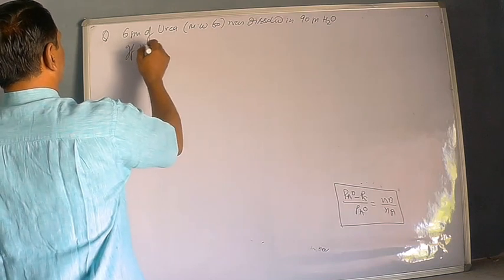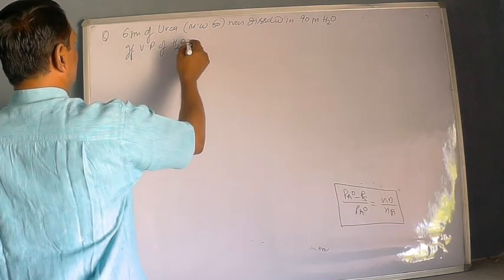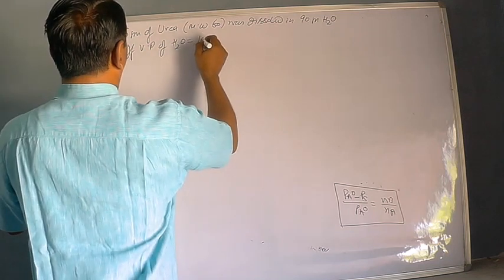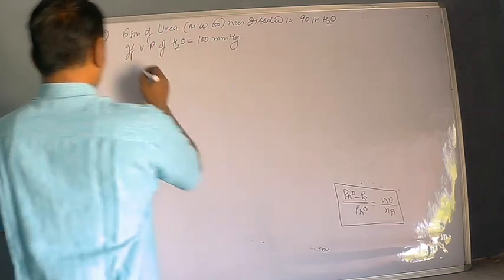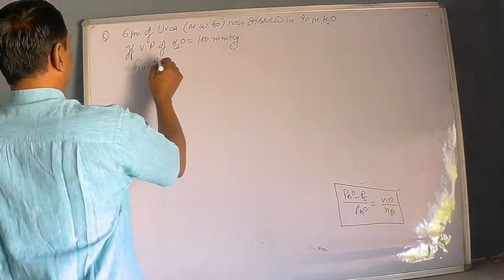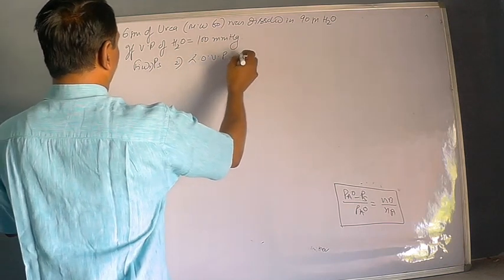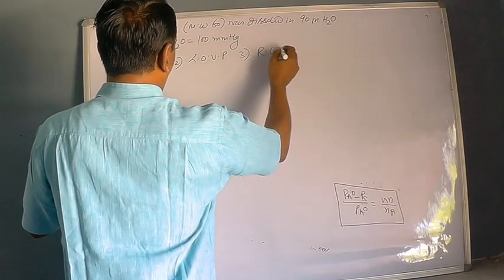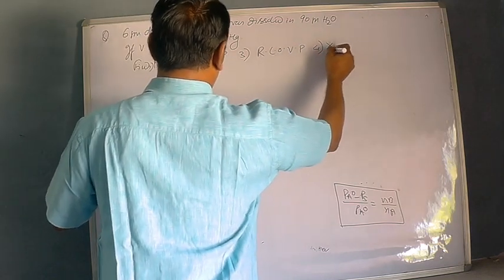If the vapor pressure of water, again I am giving the value on my own, don't quote it, was found to be 100 mmHg. Find, number 1, PS; number 2, LOVP, lowering of vapor pressure; number 3, relative lowering of vapor pressure, RLOVP; and number 4, XB, that is your mole fraction of solute.